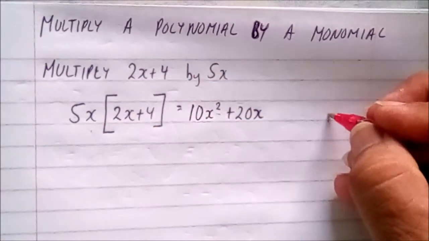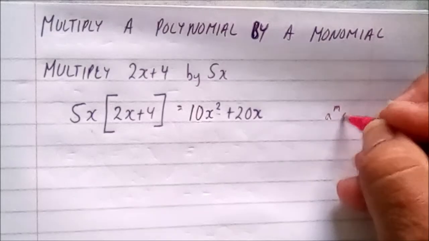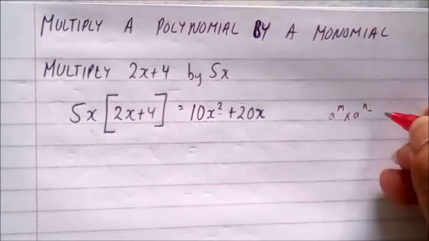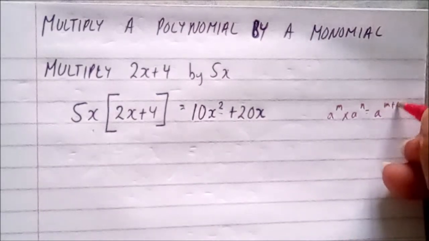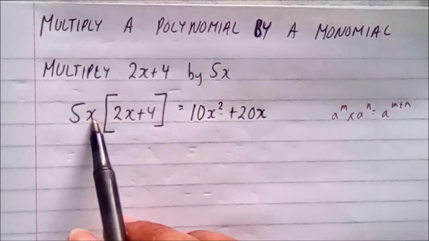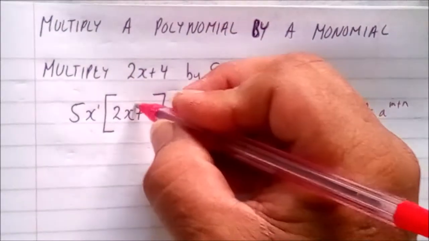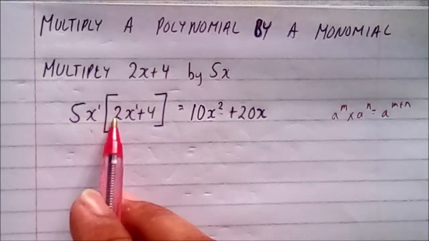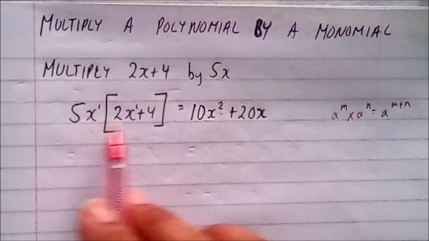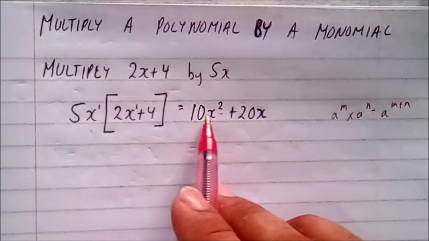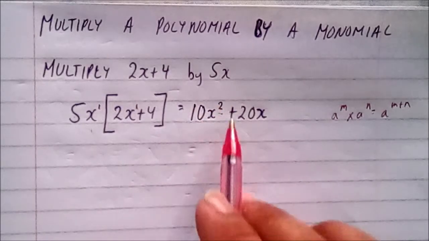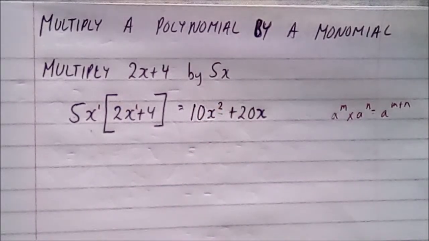The rule says that if you have a base to a power times that base to a different power, we are to keep the base and simply add the powers. So what's the power of this x? Well, the power here is 1 and the power here is 1. So we say now 5 times 2 gives us 10, and x times x gives us x squared, or x to the 1 plus 1, and then we combine that term there.